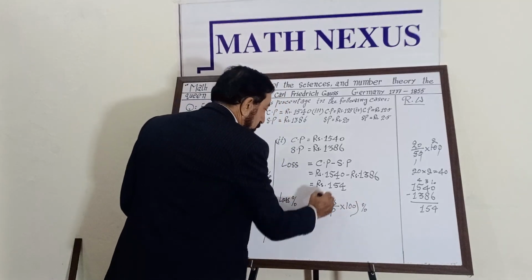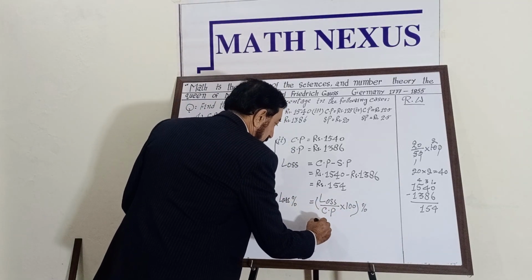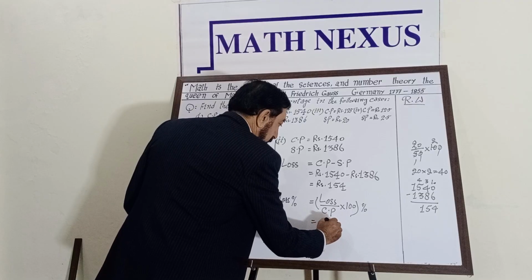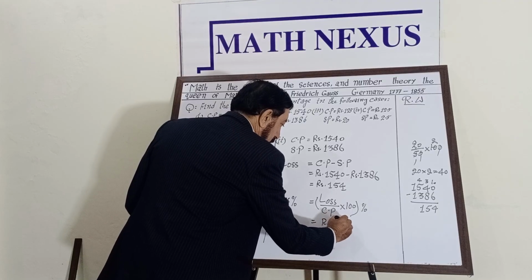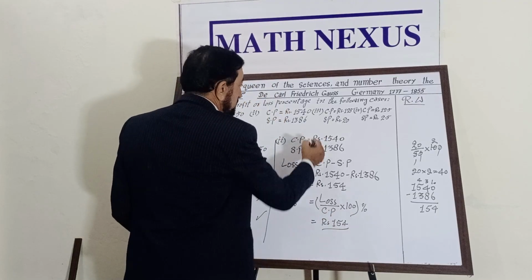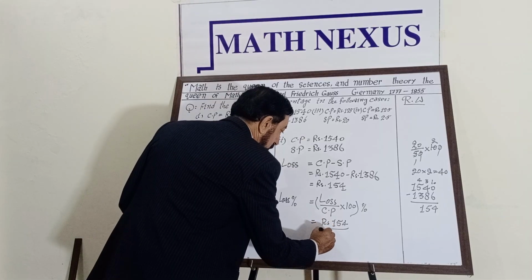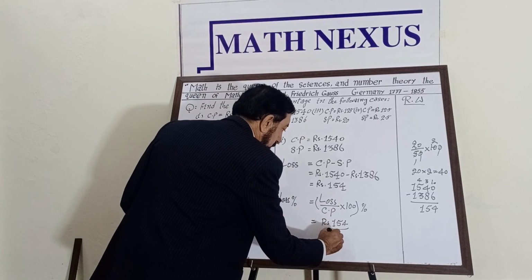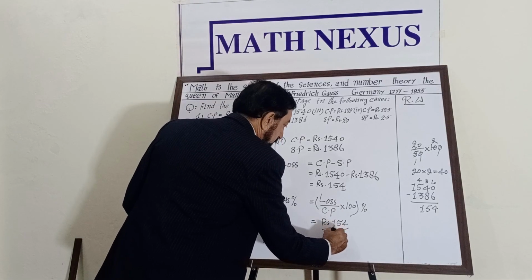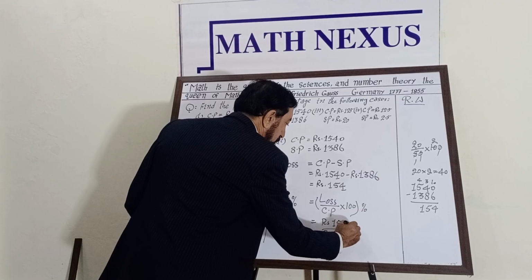Loss is equal to 154 upon cost price is equal to 1540 into 100.